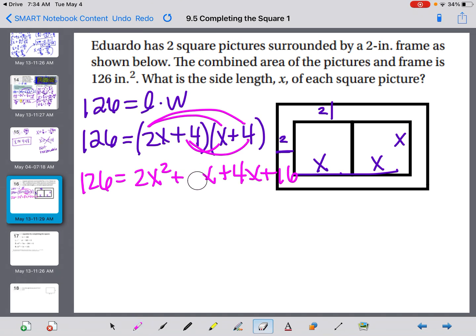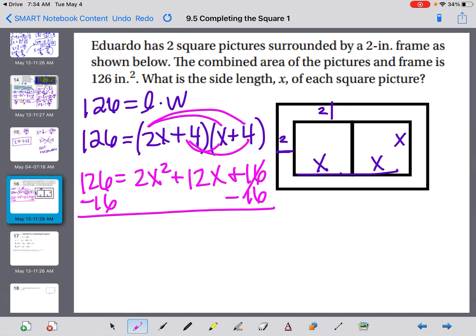Okay, combining those, I will get 12x plus 16, which will save us some space. Okay, and then I need to subtract the 16, which will leave me with 110 equals 2x squared plus 12x. Now I need to get rid of this 2 in the a spot, so I'm just going to divide everything by 2.